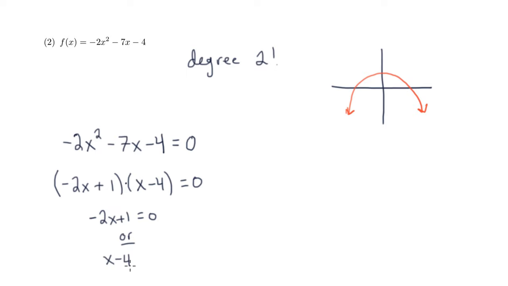So that's what I'm writing here. So either x is 1/2 or x is 4. And I got 1/2 by just adding or subtracting 1 and then dividing by negative 2. So here are our two zeros, 1/2 and 4.